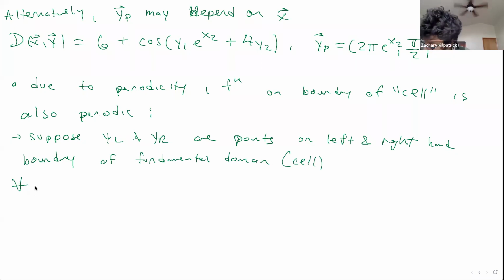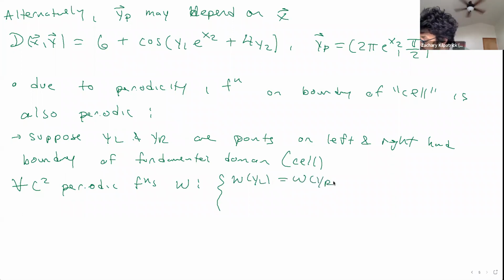For any C2 periodic functions W, you have W of YL is equal to W of YR. The gradient with respect to Y of W of YL is equal to the gradient with respect to Y of W of YR.